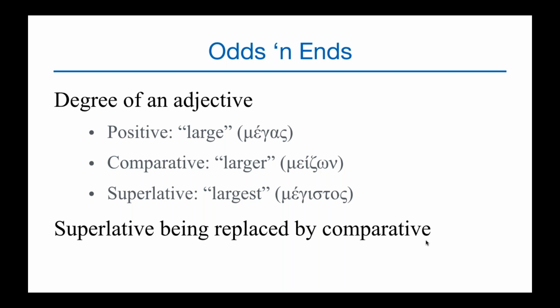Something that Mounce points out is that by the time the Bible is being written, the superlative is no longer being widely used. It does come up a few times in the New Testament, but not very often. Most of the time, the comparative form is being used in such a way that it has the same function as the superlative form.